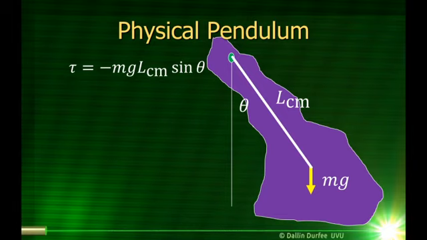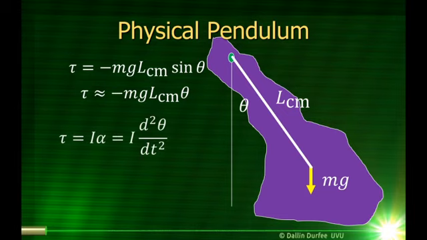So the torque then is just negative mg times the distance from the pivot to the center of mass times sine of theta. All right? And once again, we're going to make the approximation that theta is small so that I can replace sine of theta with just theta. Then Newton's second law is torque equals I alpha, which is I times the second derivative of theta with respect to time.